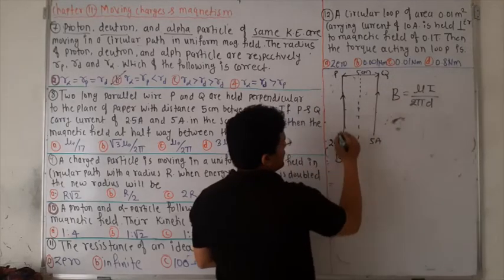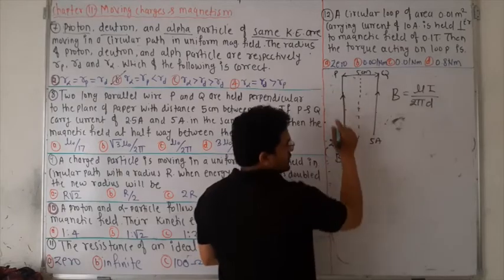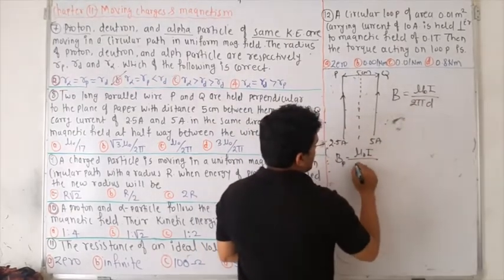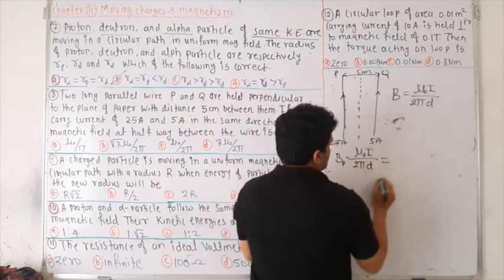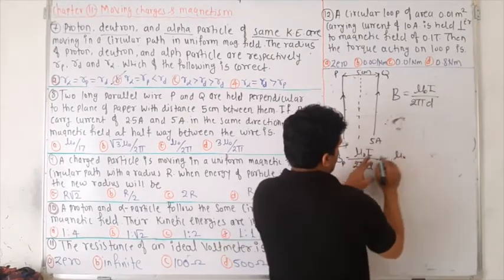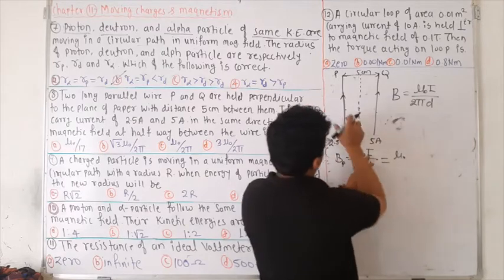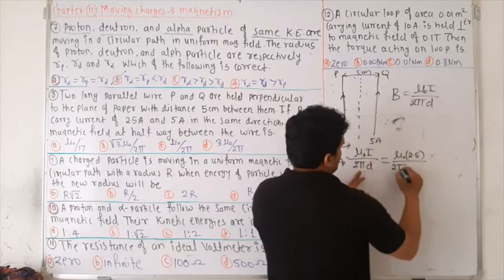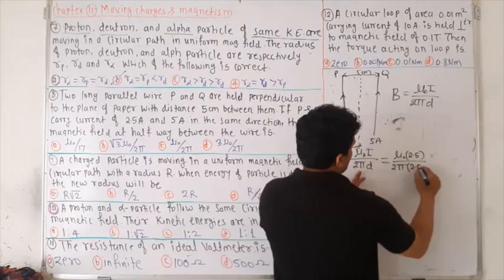I will apply it for BP, for this conductor. So mu naught I, and then divided by 2 pi d. In this conductor it is 2.5, divided by 2 pi d, again 2.5.